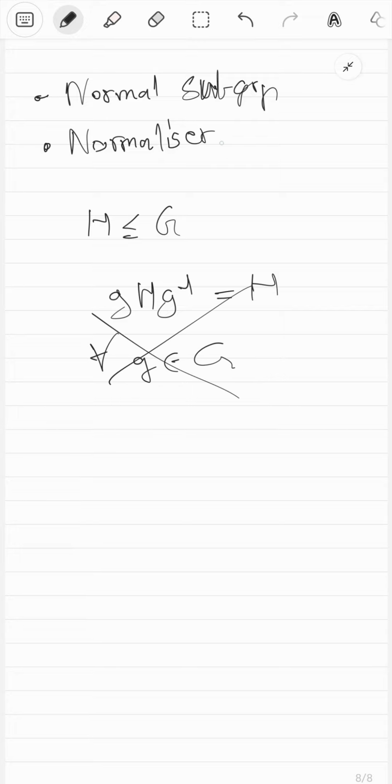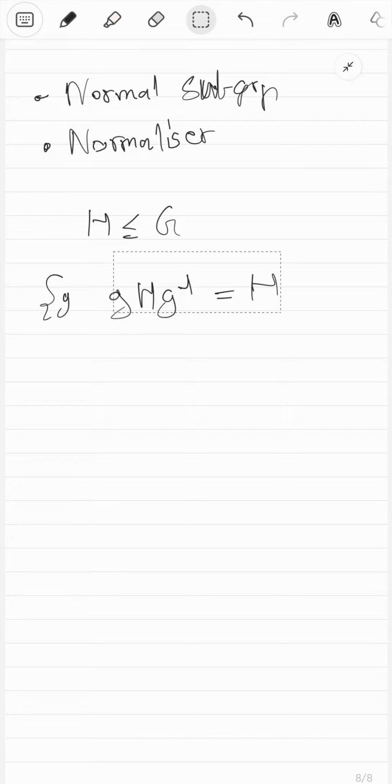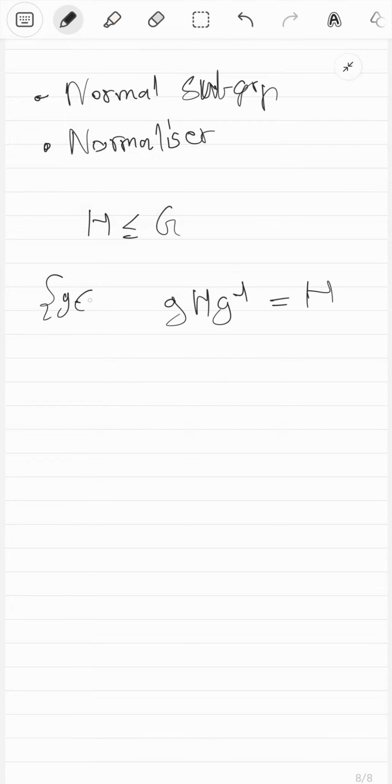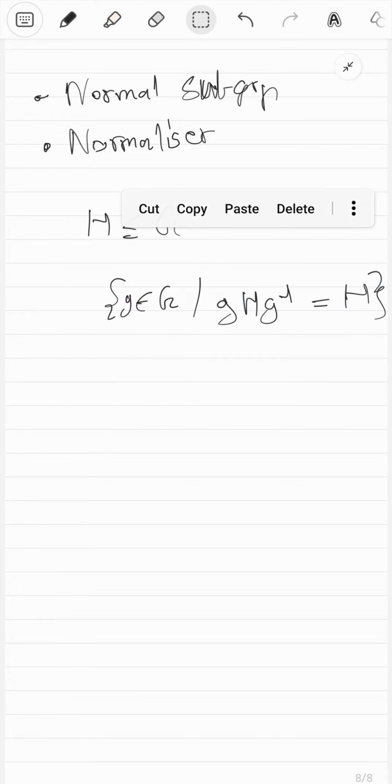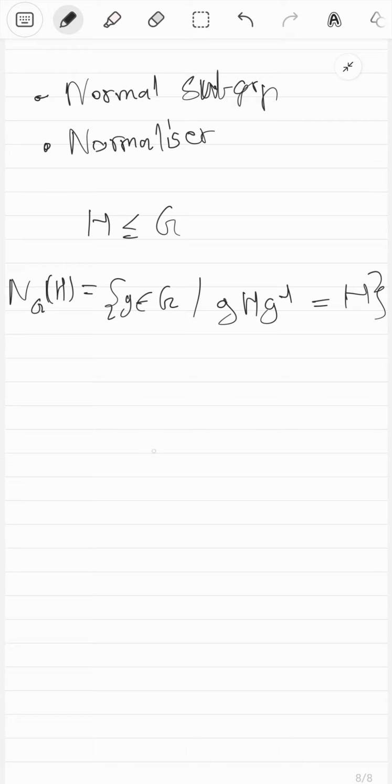But it could be that it holds true for some elements. So the set of elements g in G such that this happens is the normalizer of H in the group G. It's written like this: N sub G of H, right?